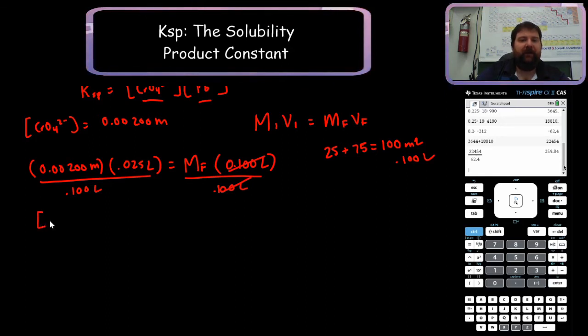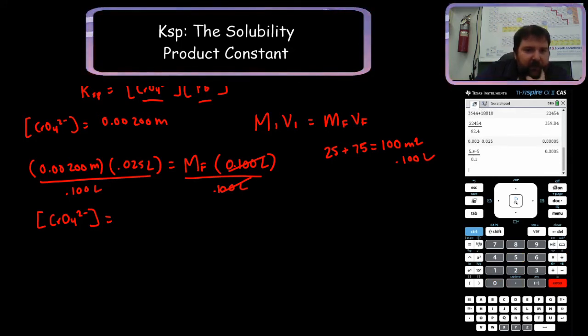So my final concentration of chromate after being diluted is going to be, let's take out our calculators, 0.002 times 0.025, divided by 0.1. And that's going to be 5 times 10 to the negative 4.